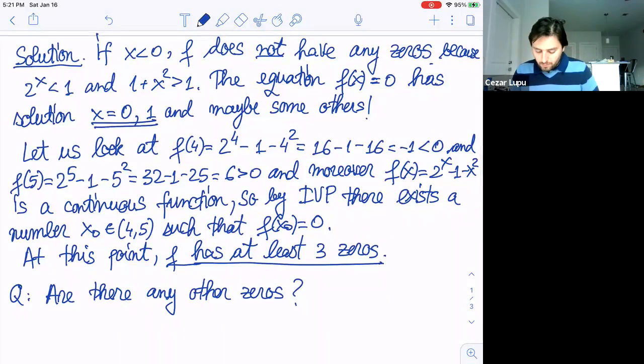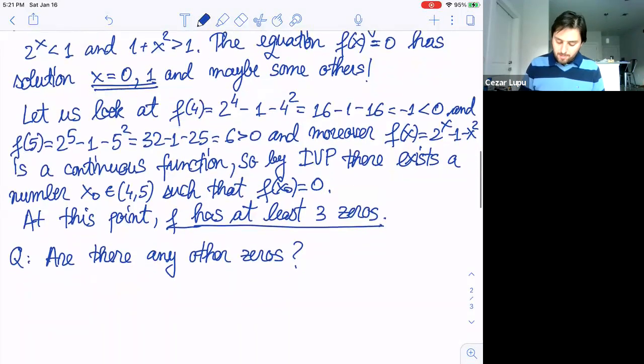Well, maybe there is some, but probably, as you might expect, not. And now let's see. So we have this function. The short answer is probably not.